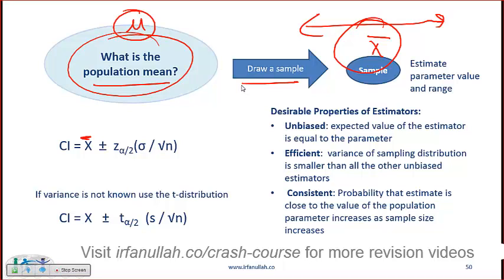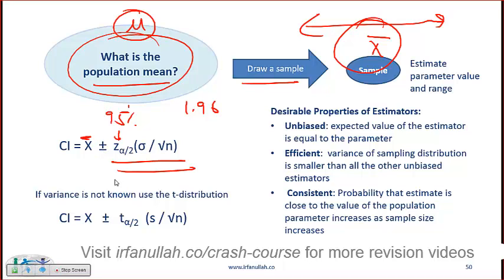What's that plus or minus something? That is given by this expression. Z alpha over 2 is calculated based on your degree of confidence. If you want to speak with 95% confidence, then the z value will be approximately 1.96.